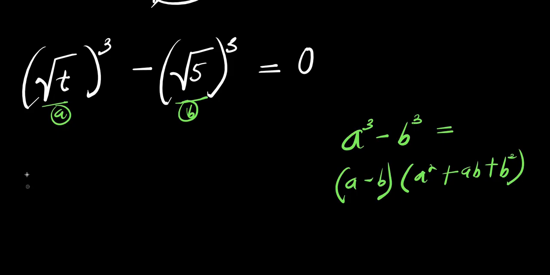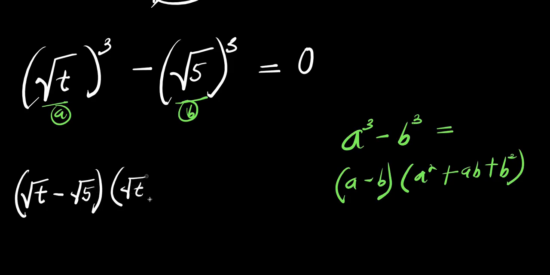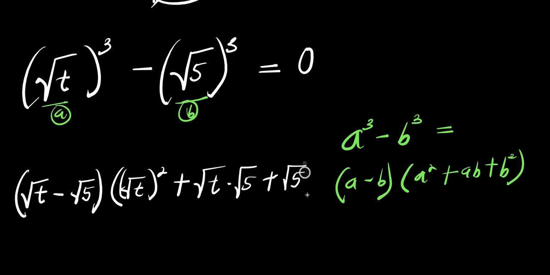So I'm going to have root t minus root 5 times root t to the power of 2 plus root t times root 5 plus root 5 to the power of 2, and this everything equals 0.